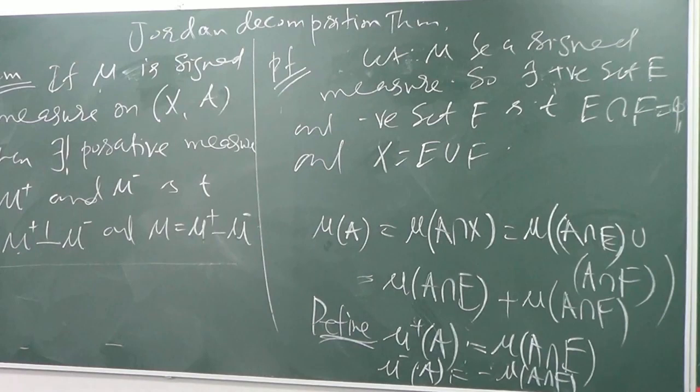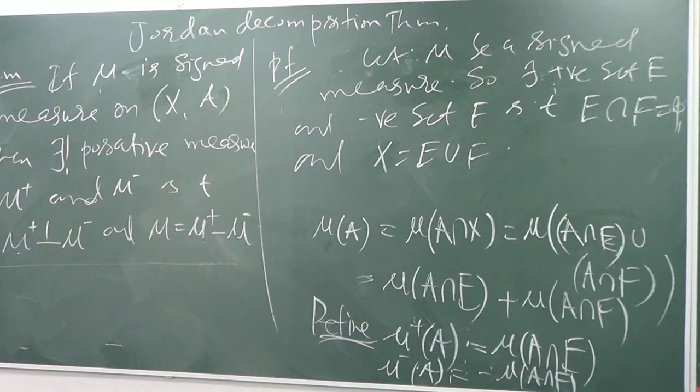Mu minus of F prime is 0 and mu minus of A intersection F prime is less than or equal to that, so this must be 0. So this means that I can write this as mu plus of A intersection F prime minus mu minus of A intersection F prime, and this is same as mu of A intersection F prime.